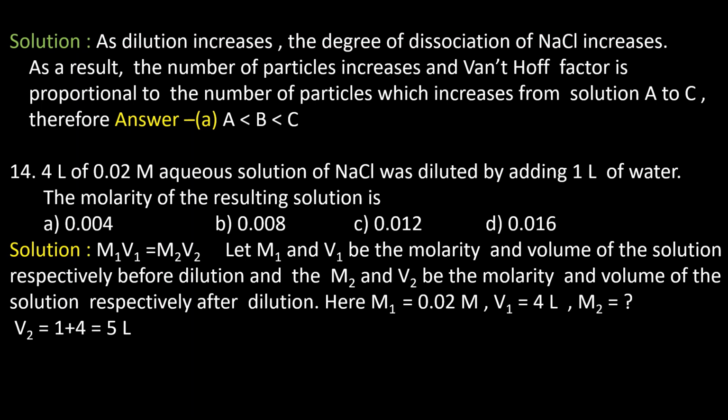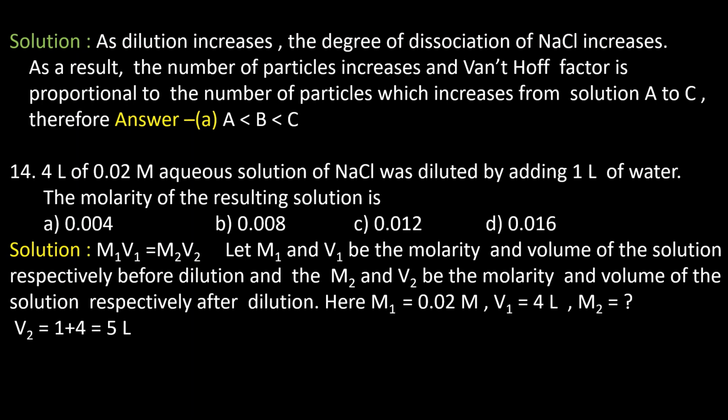That means M1 V1 should be taken for the solution before dilution, and M2 V2 should be taken for solution after dilution. So here M1 is the molarity of solution before dilution, that is given to be 0.02 m, and volume of the solution before dilution is 4 liter.